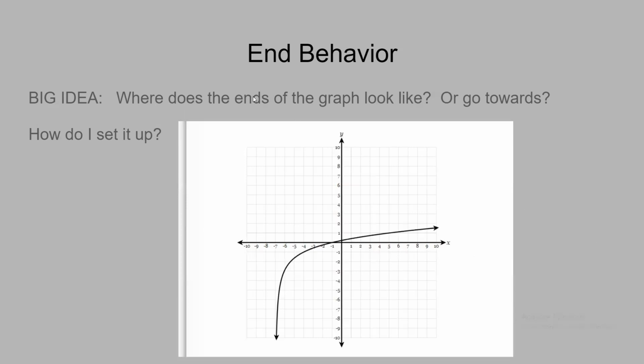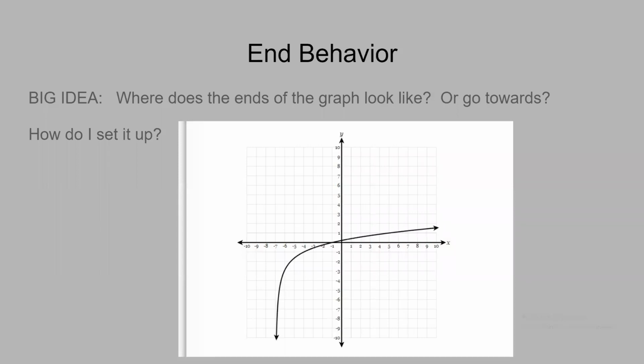Okay. So the end behavior is, what does the end of the graph look like? Or where does it go towards? So the end behavior will always start off the same way.